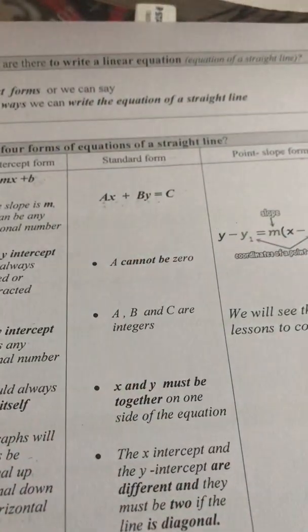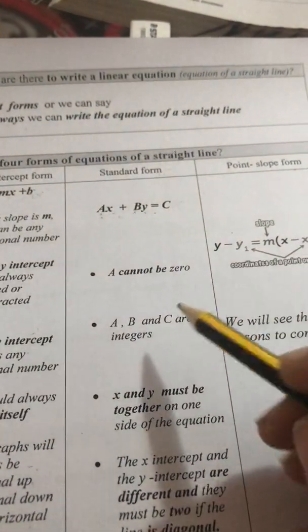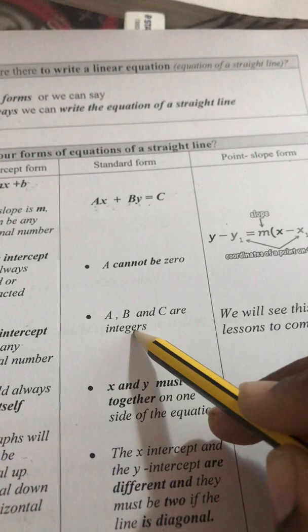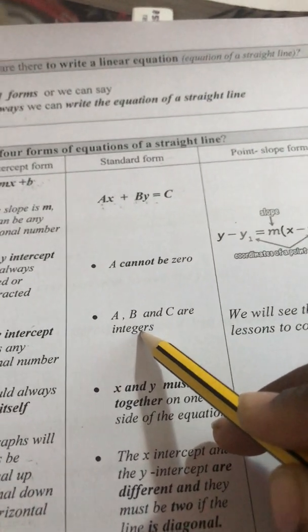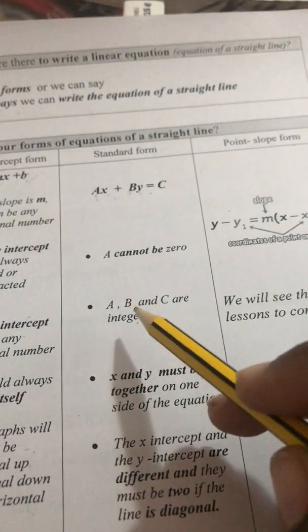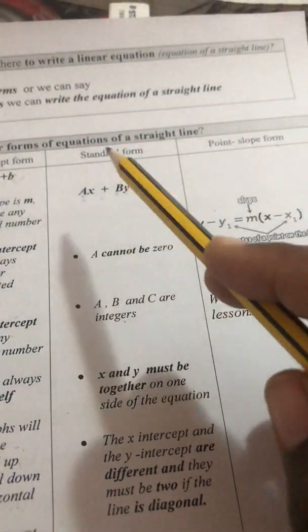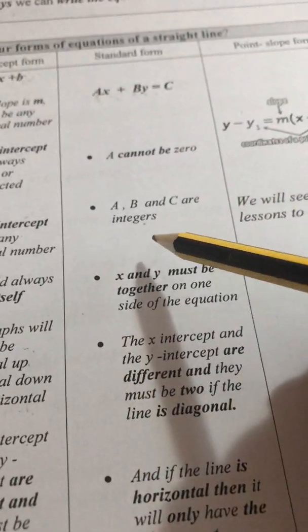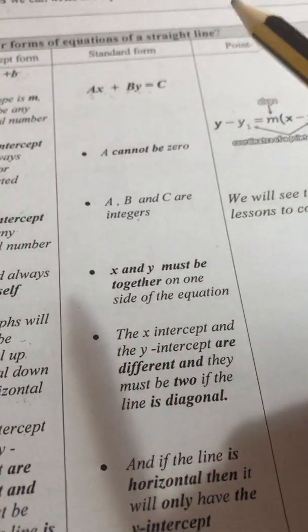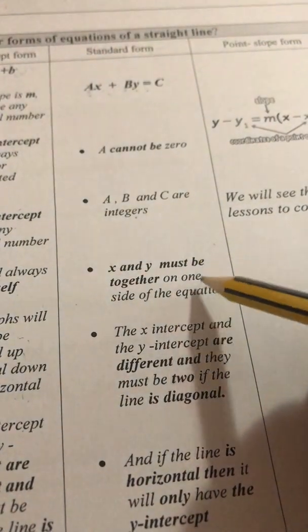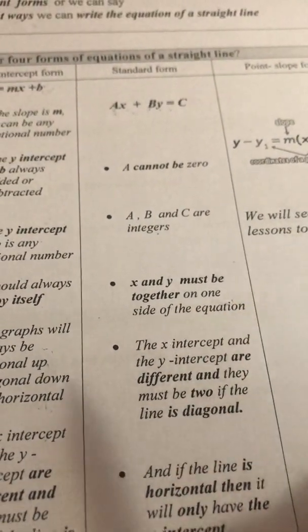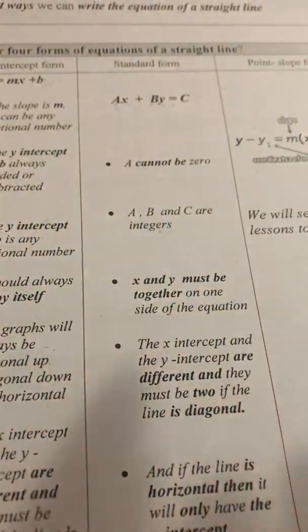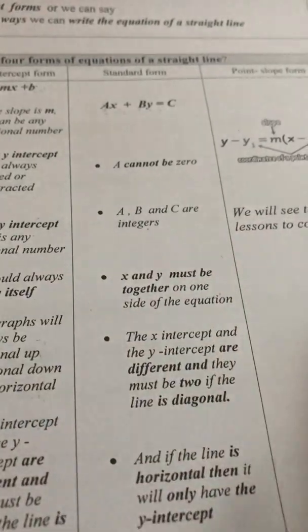A cannot be 0. A, B, and C are integers, but you cannot use 0 in A. X and Y must be together on one side of the equation. For it to be standard form, x and y must be on one side and C by itself.